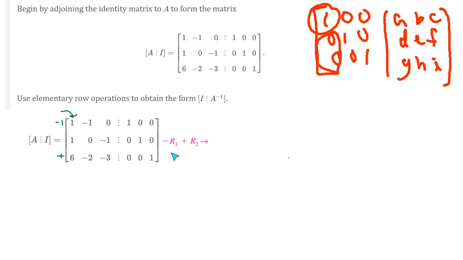So what we're going to do symbolically here is multiply -1 times row 1, and then add it to row 2. Okay, so -1 times 1 is -1, plus 1 is 0. -1 times -1 is +1, and then plus 0.